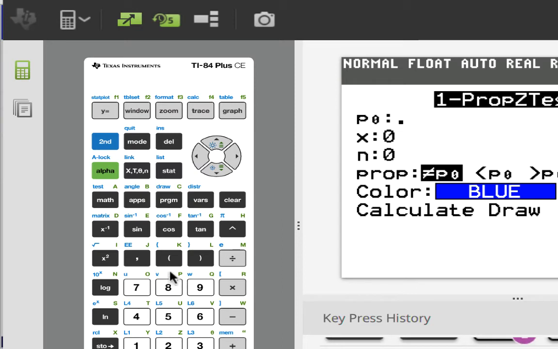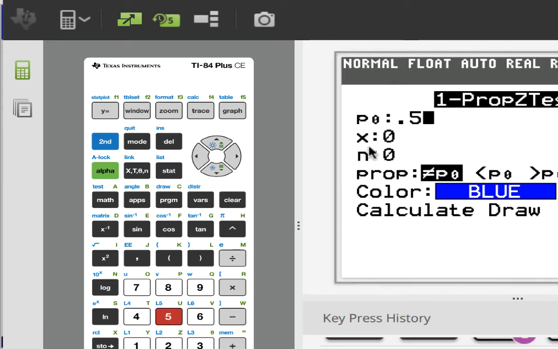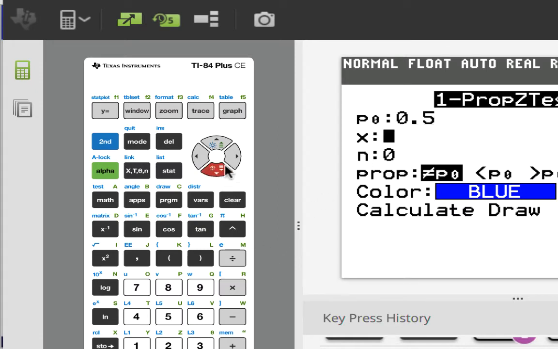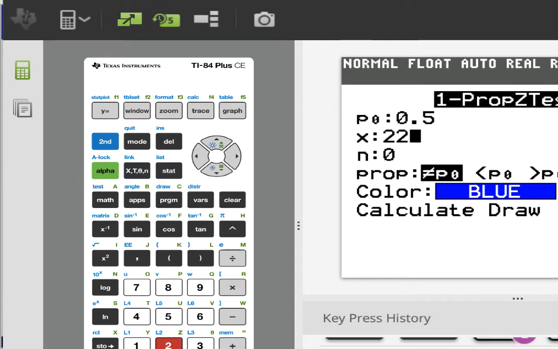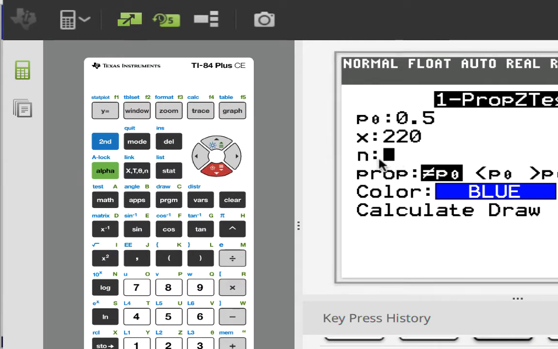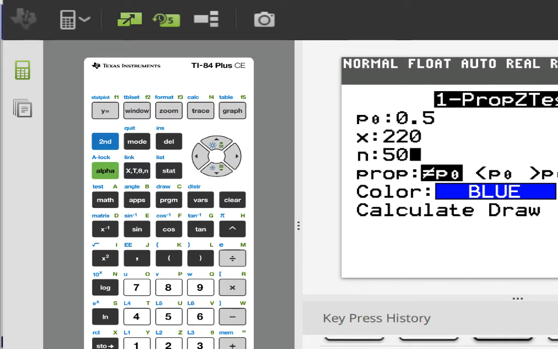So 0.5. Now X, this X is the number of households that had reduced. That was 44% of 500, that is 220. Do not write 0.44. It will not work. It needs a number, guys. What is N? N is the sample size, which is 500.